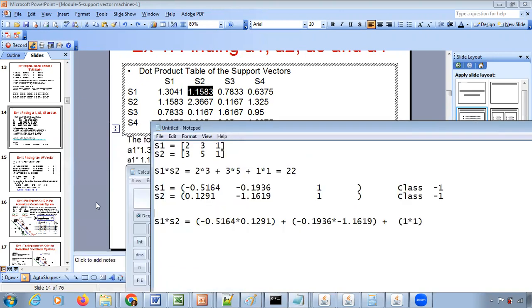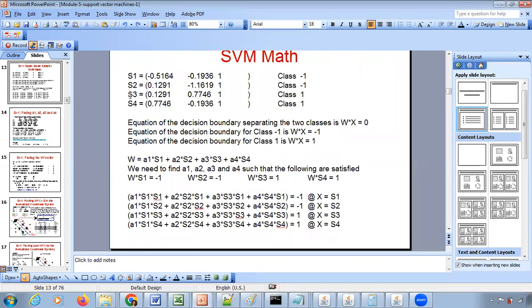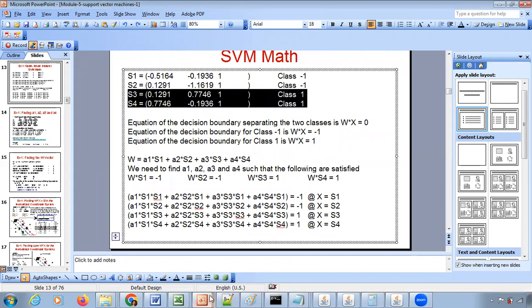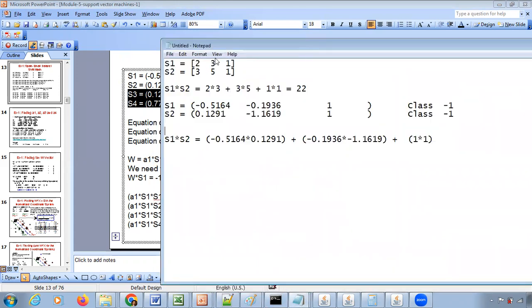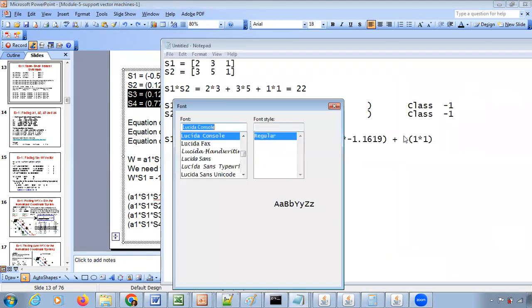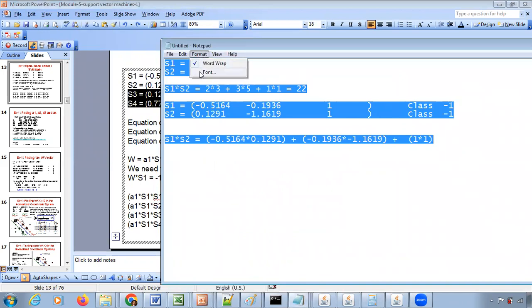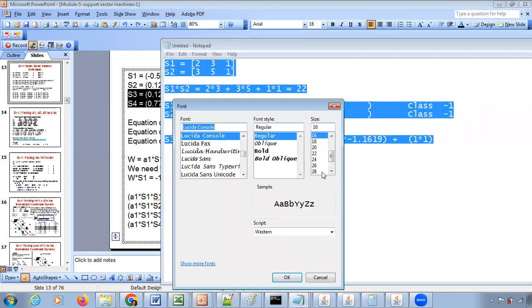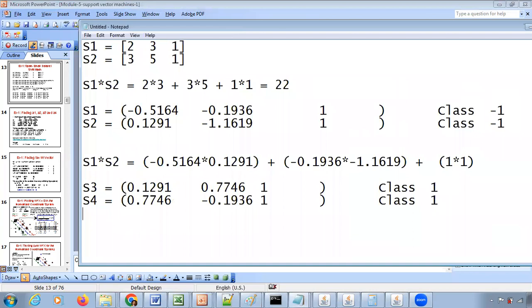So let us do S3 times S4. So this is S3 and S4.